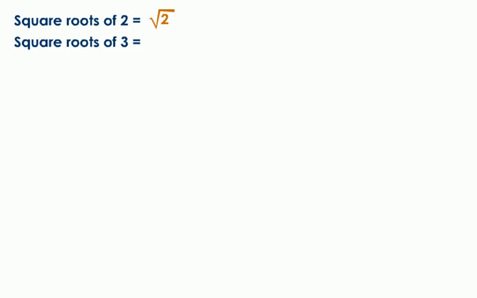Now, simple roots and surds. Dear students, you should recall that the square roots of 2, 3 and so on, written as √2, √3 and so on, cannot be exactly determined, and that the approximate value of √2 is 1.414 and that of √3 is 1.732.